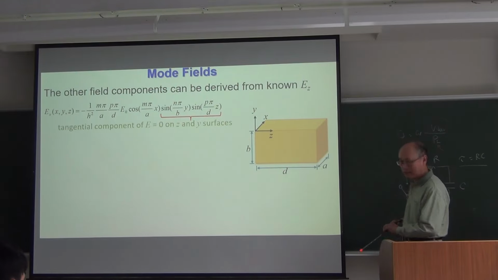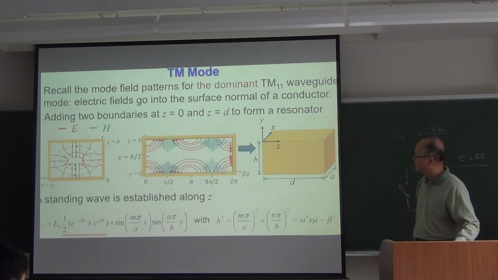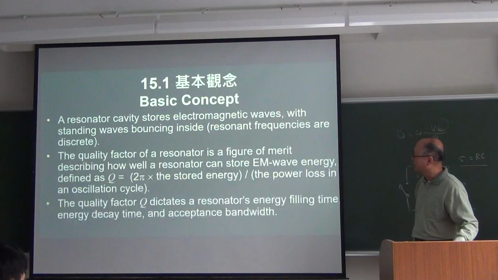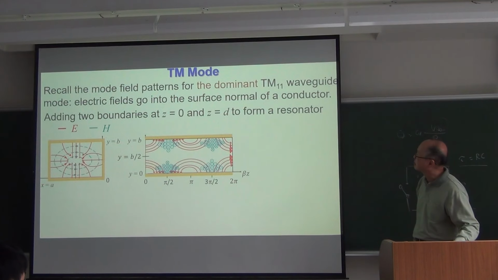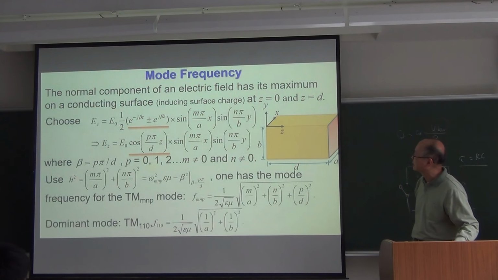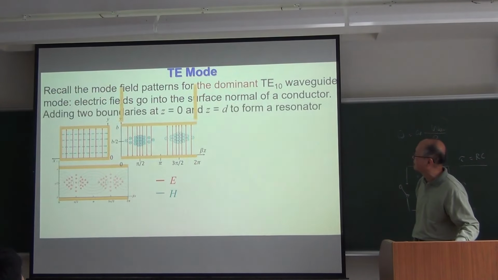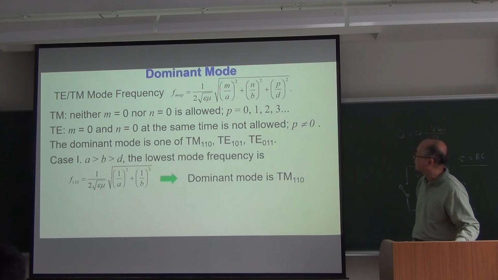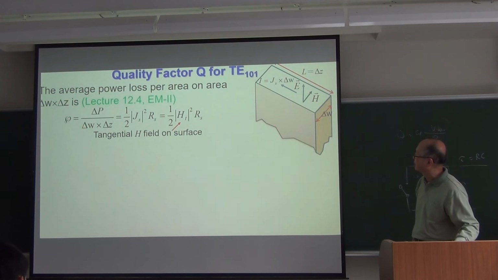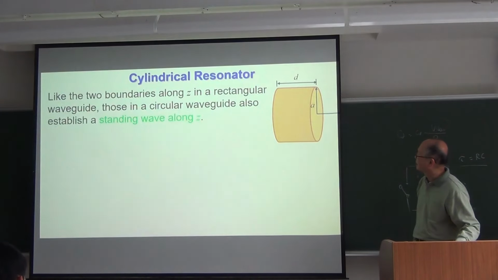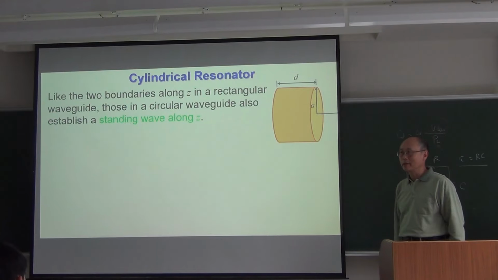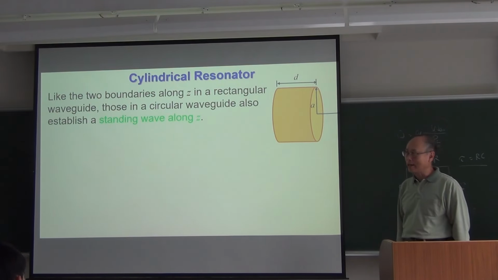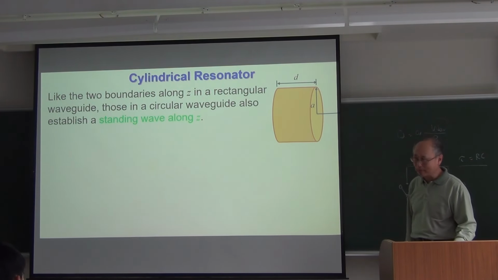Imagine you are doing an experiment. You want to excite a specific mode. For example, you pick one cavity for your experiment, and then you want to excite some mode inside for your application.